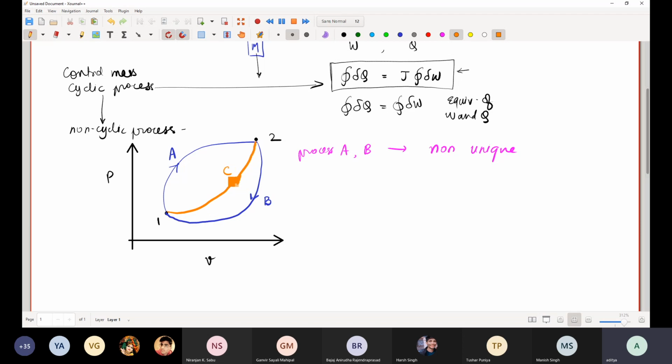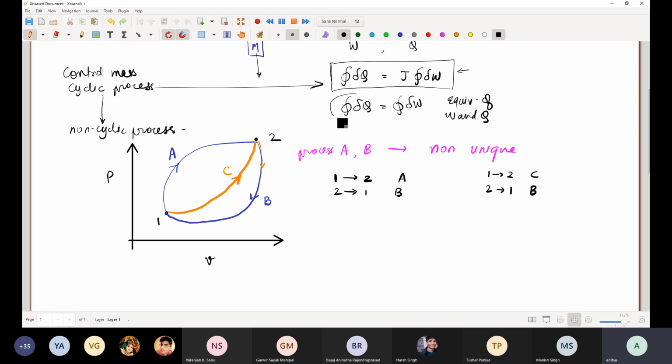I can go from point 1 to point 2 in process C and come back to state 1 through process B. So I have now two sets of processes. One is 1 to 2 using A and 2 to 1 using B, and I have 1 to 2 using process C and 2 to 1 using process B.